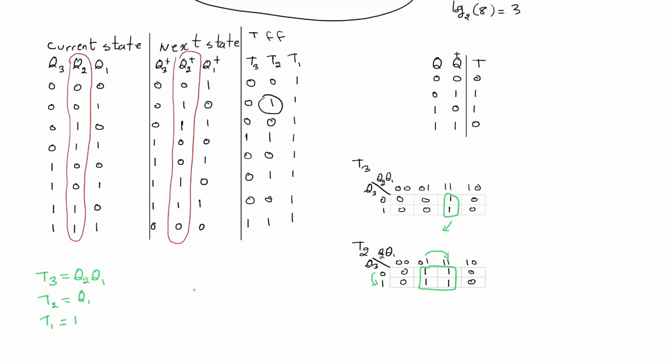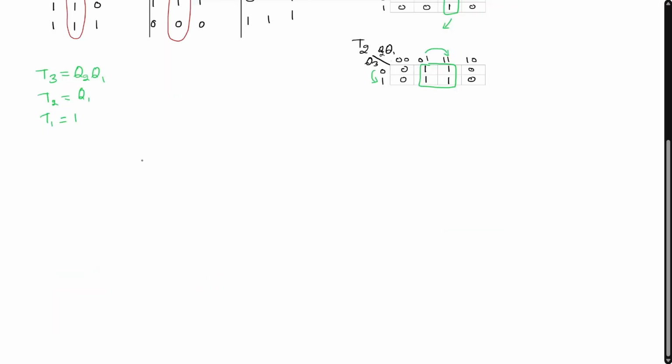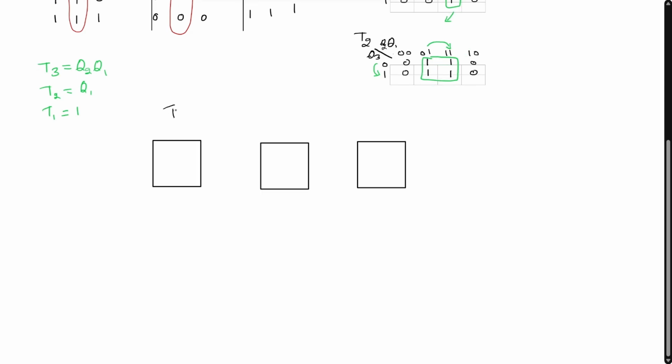So let's do that. We have three flip-flops. Let's assume this is T3, T2, and T1. Each flip-flop has a T input. This is T3, and this is the clock. Let's assume we have a rising edge.